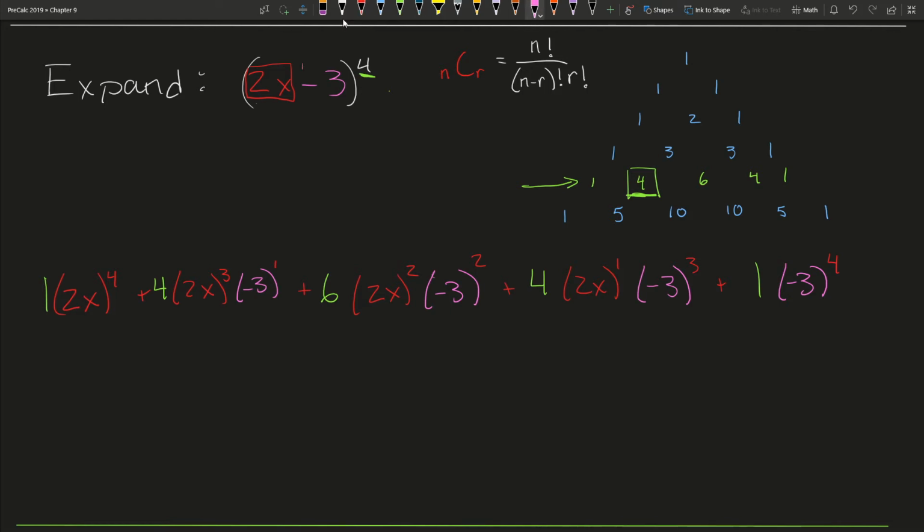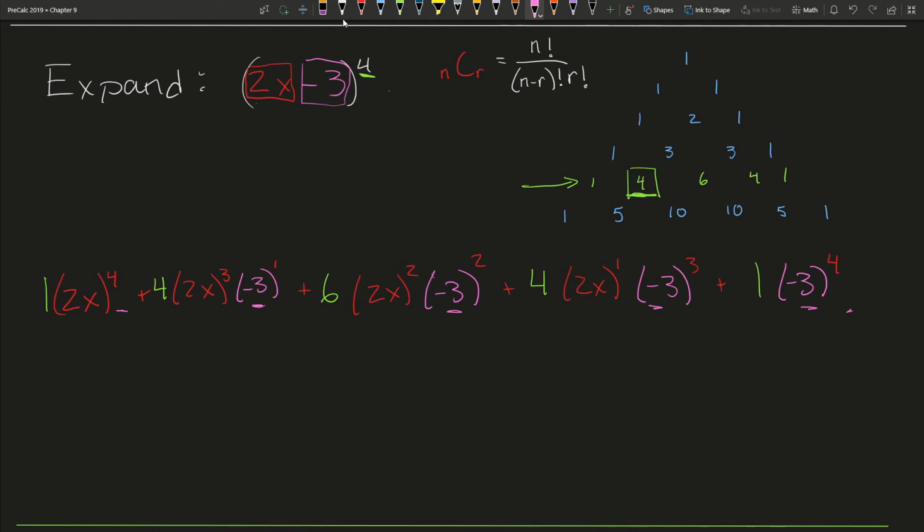This second position will start with a power of 0, and it will increase as we move to the right. Right, so it goes -3 to the 0, -3 to the first, -3 to the second, -3 to the third, and -3 to the fourth. And then same with 2x. 2x goes from the fourth to the third, to the second, to the first, and then to the 0.